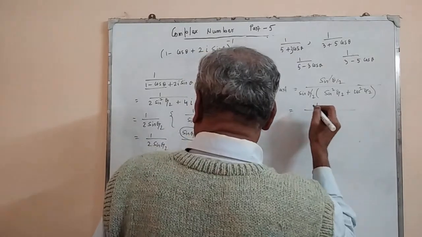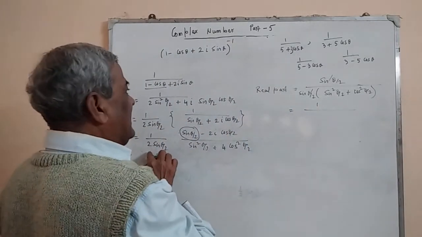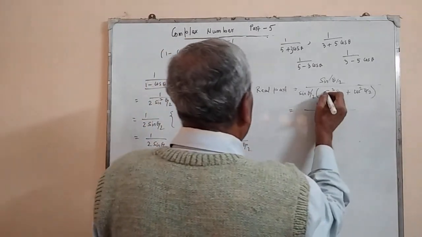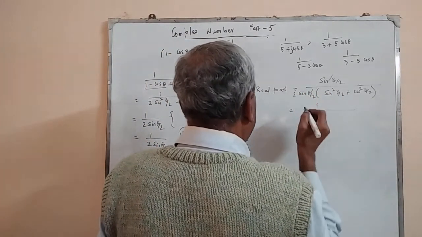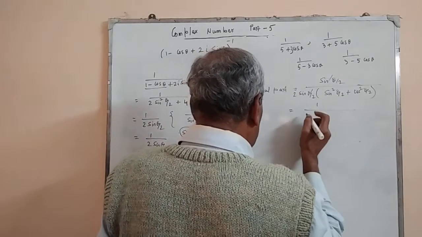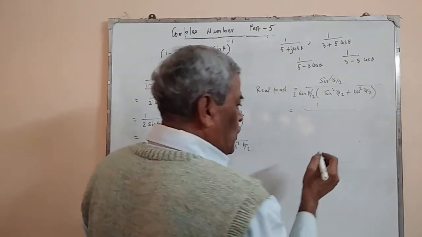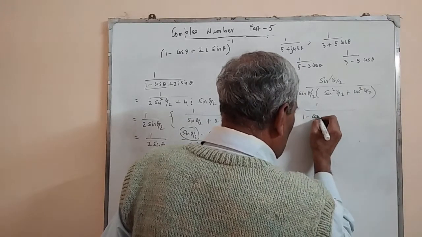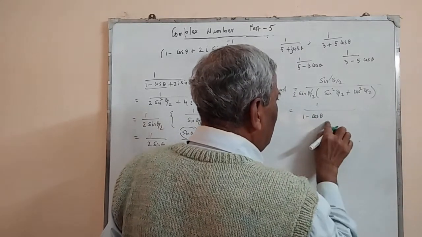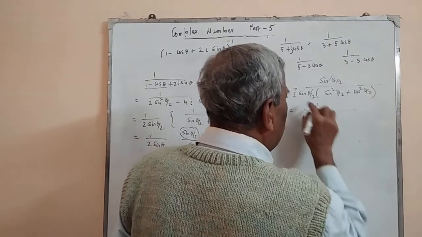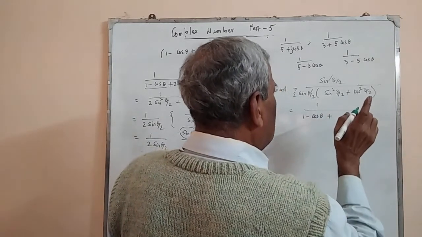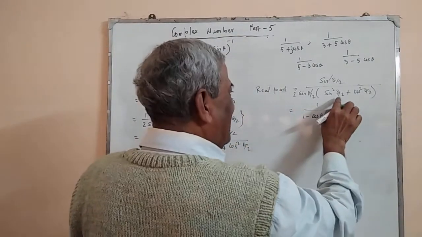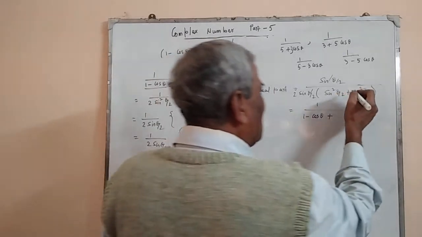So 1 upon sin square theta by 2 means, oh, 2 is there, sorry. This 2 is there. Now 2 sin square theta by 2 means 1 minus cos theta, plus this is 2, here it is sin square plus 4 cos square.